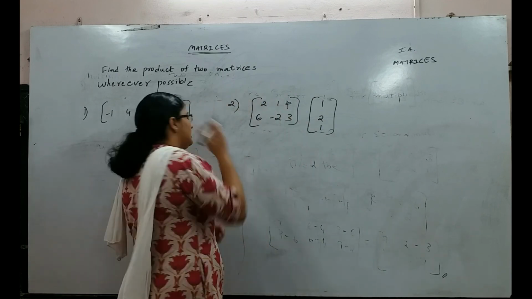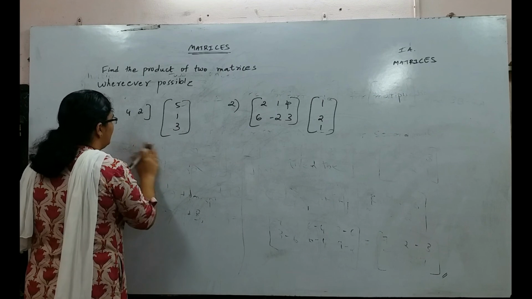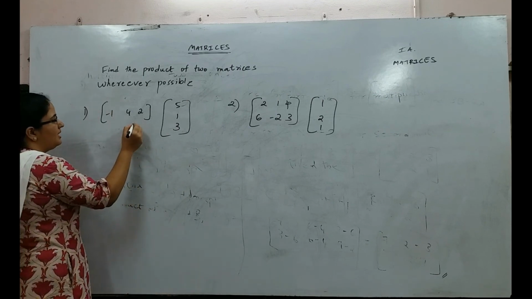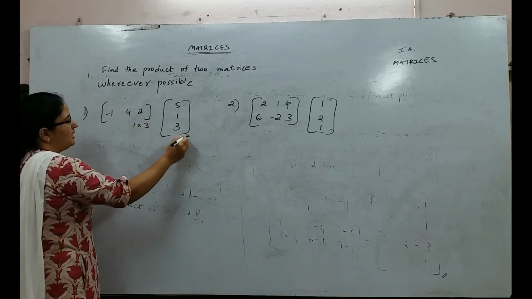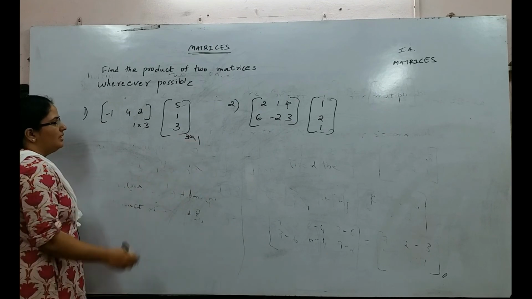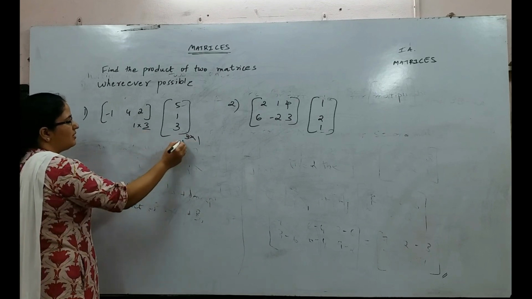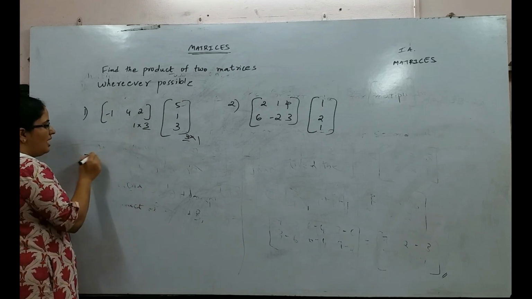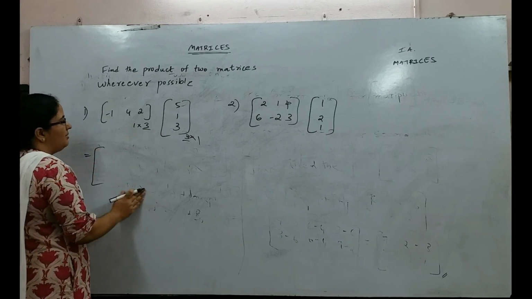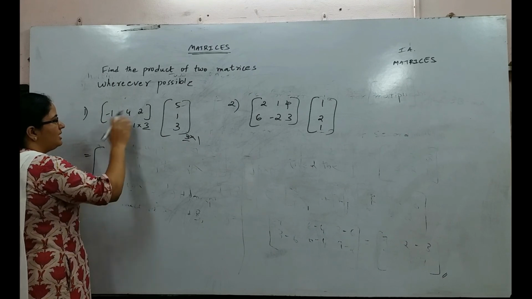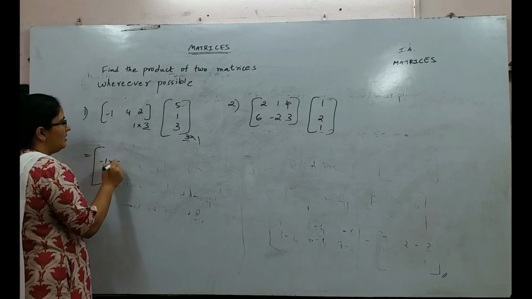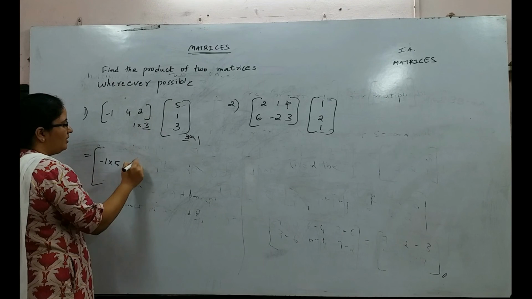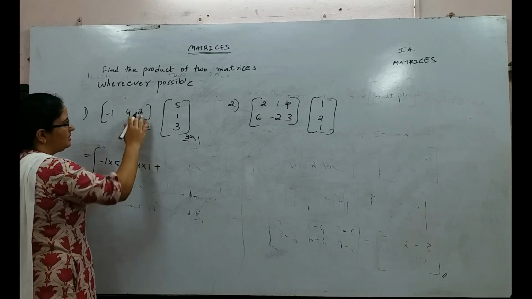Let us discuss these two problems. Here, what is the order of this matrix? 1 by 3. Here it is 3 by 1. The number of columns of first matrix is equal to number of rows of second matrix. So we can multiply these two matrices. How to multiply is elements of rows with columns. Minus 1 into 5 plus 4 into 1 plus 2 into 3.